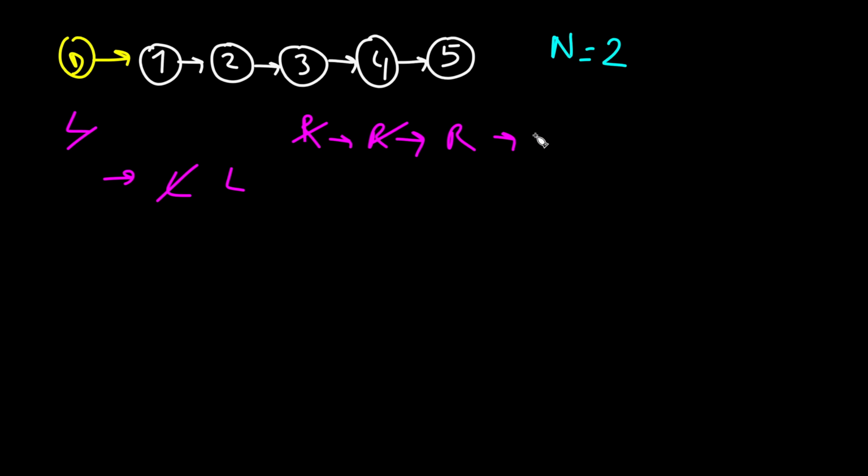And now right is going to be null. We're going to move left by one position. So as you can see, left is now just before the node we want to remove. So what we're going to do is break this connection here and have 3 point to 5. And that's simply how we can find our solution.